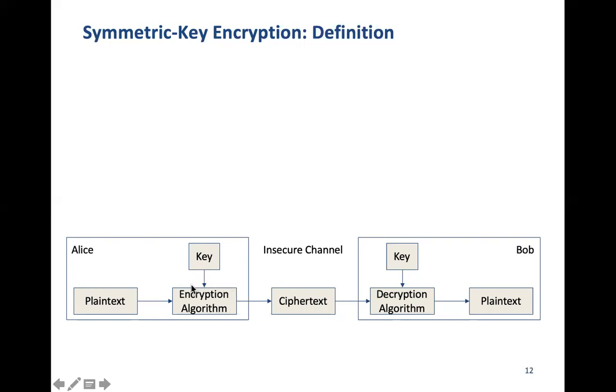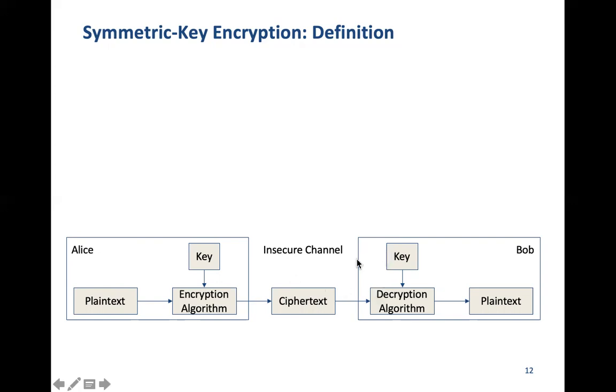She uses an encryption algorithm, which everyone knows, a known encryption algorithm whose source code is even available, and she uses the key to encrypt this plain text into ciphertext. The ciphertext is sent over an insecure channel. When we say the word insecure, it means that the content can be seen by anybody. So Eve, Mallory, all of them sitting in between can see this, but they can't make out anything, right?